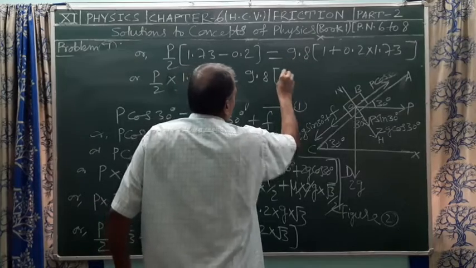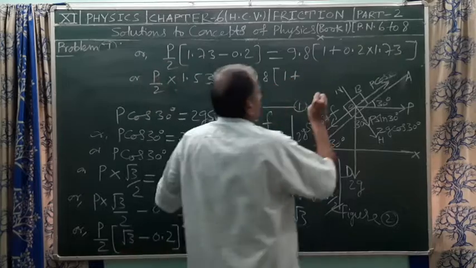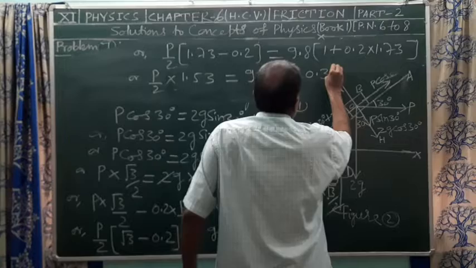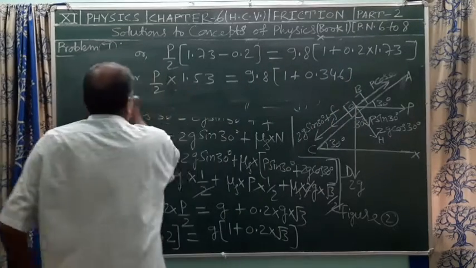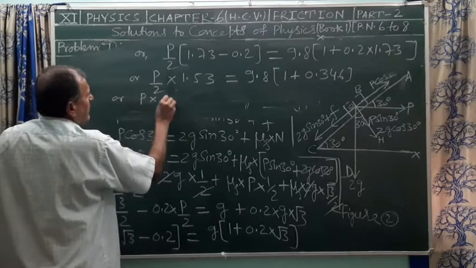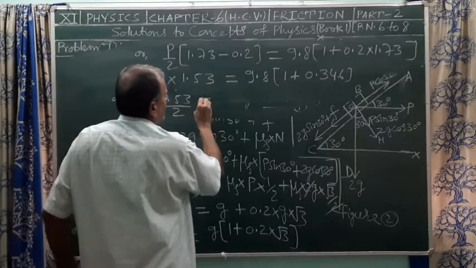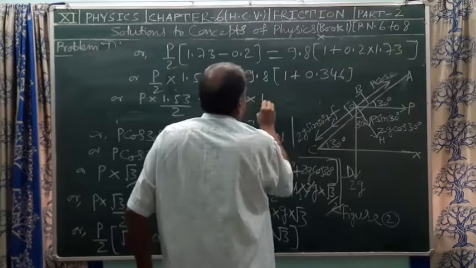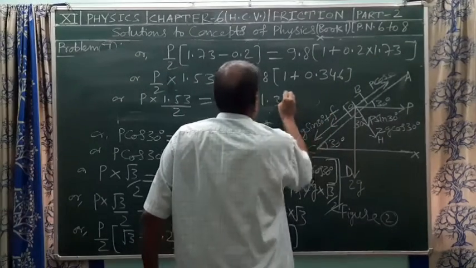9.8 multiplied by 1 plus under bracket 1 plus 0.2 into 1.73 is 0.346, and p multiplied by 1.53 upon 2 equals to 9.8 multiplied by 1 plus 0.346, that is 1.346.